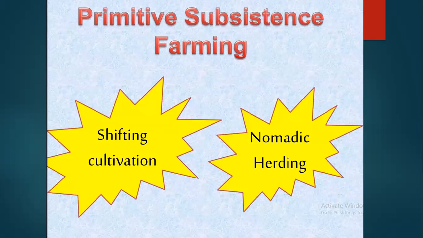Under primitive also there are two divisions. One is shifting cultivation and the other one is nomadic herding. Shifting cultivation, I know that you people know because we are learning it from 8th and 9th. Shifting cultivation means slash and burn cultivation, jhumming. And nomadic herding we have also done in 9th standard.